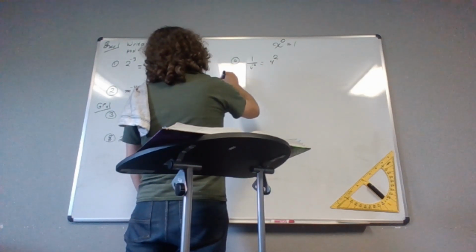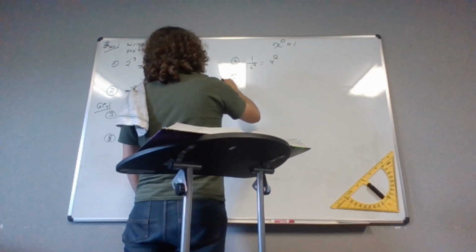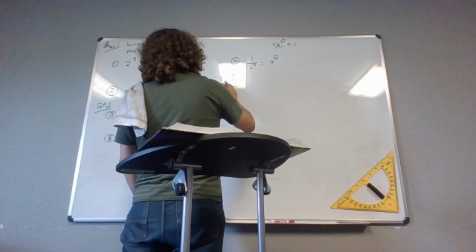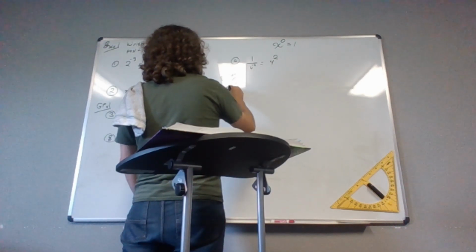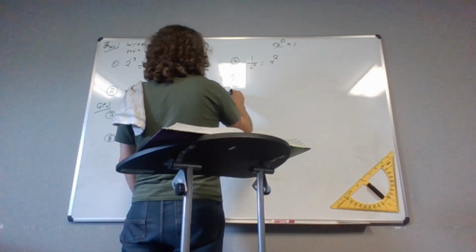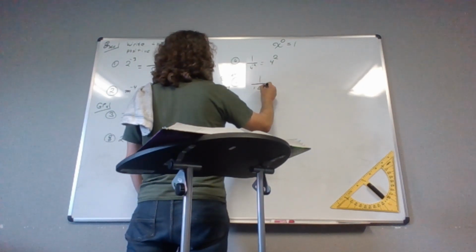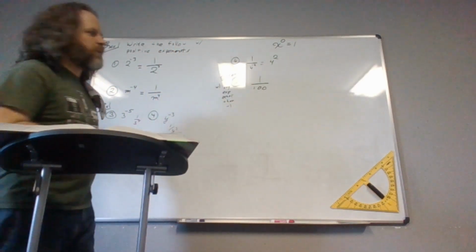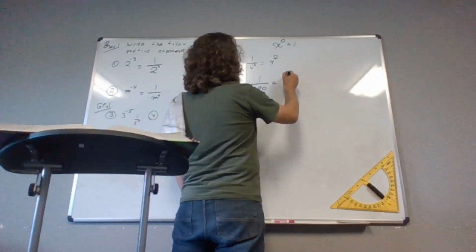We're going to express this with negative exponents other than negative 1. So 1 over 100. Okay. So we got a power of 10, right? Let's start by turning this into 10 to the something.